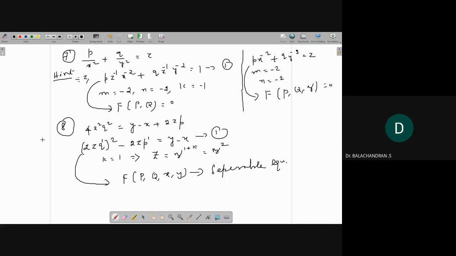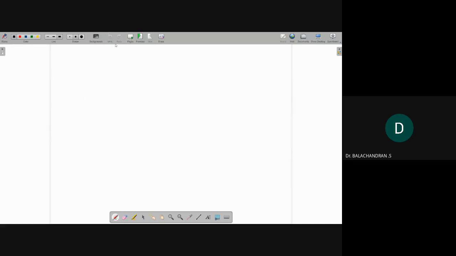Okay, now I'm going to give some introduction about linear PDE of Lagrange's equation. Linear partial differential equation, Lagrange's equation.